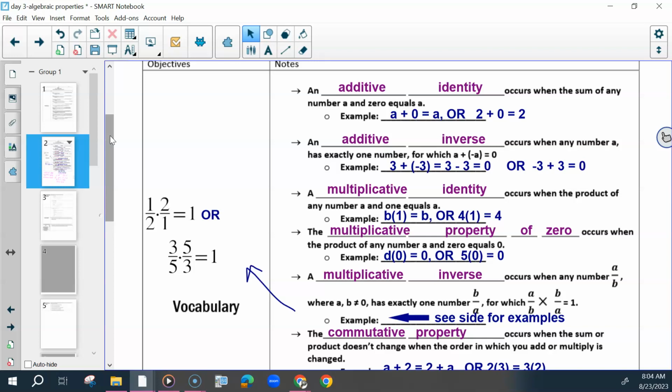Some examples are on the side here. 1/2 times 2 over 1 equals 1. 3/5 times 5/3 equals 1. Anyone still need additive, identity, or inverse?